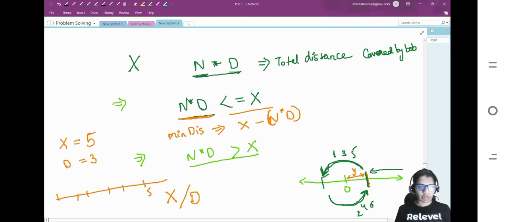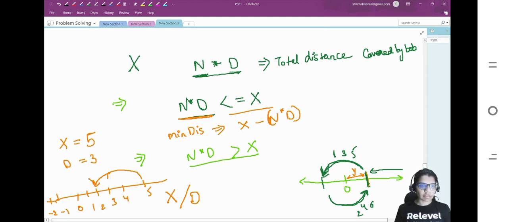If you will try to come at 0 from 5, so 5, 4, 3, 2, 1, 0, then minus 1, minus 2. From 5, if you take a jump of 3 steps, you would come to 2. If you take the next jump, then you would come to minus 2.